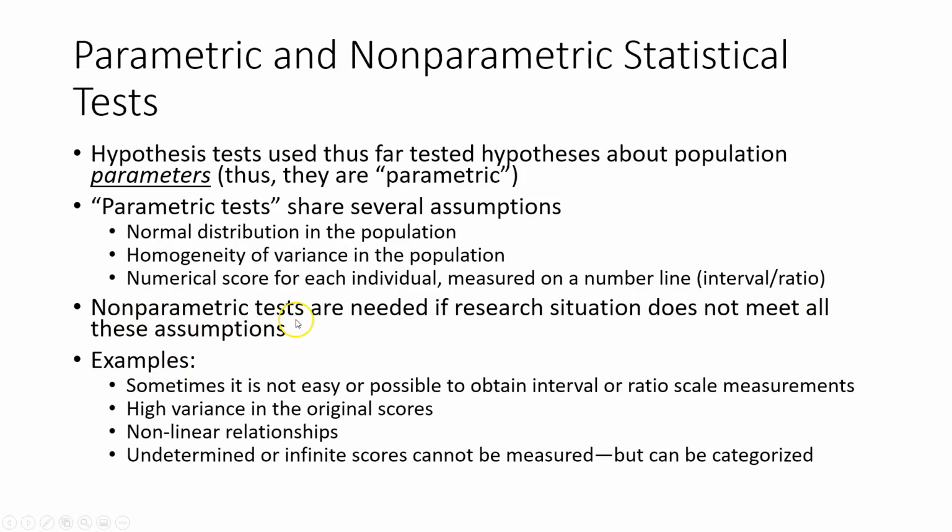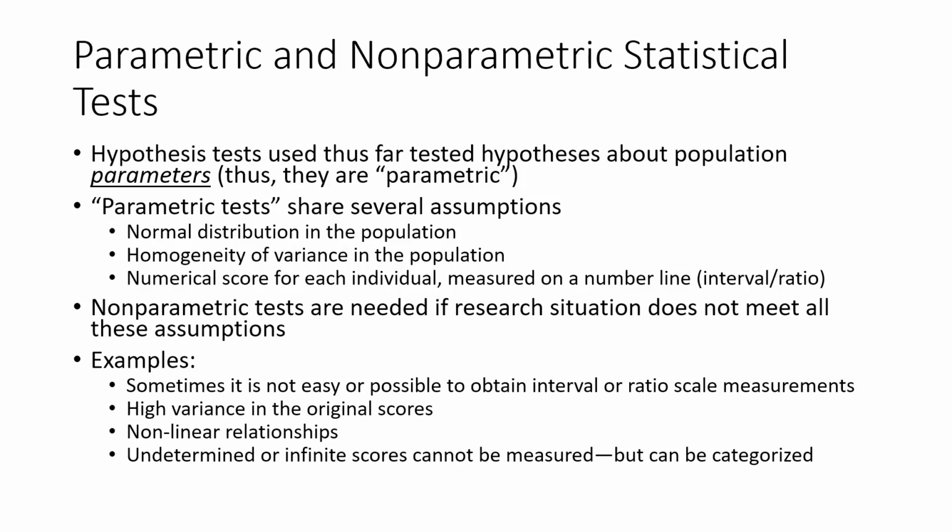Non-parametric tests are needed if your research situation doesn't meet all of these three assumptions. So some examples of this might be like sometimes it's not easy or possible to obtain interval or ratio scale measurements. A good example of this might be if we wanted to know whether the proportion of men versus women was different in certain majors.